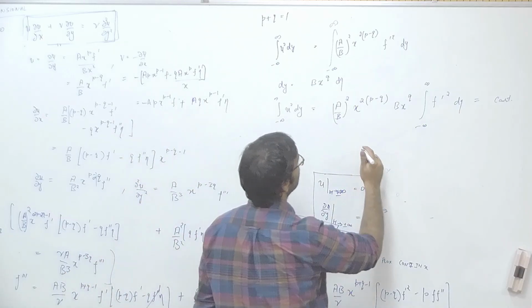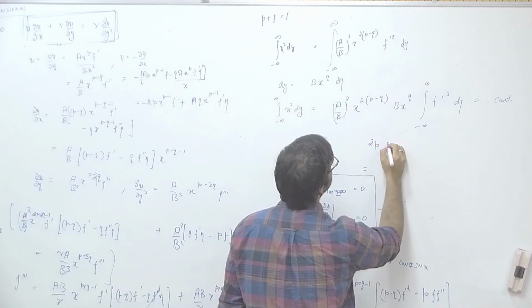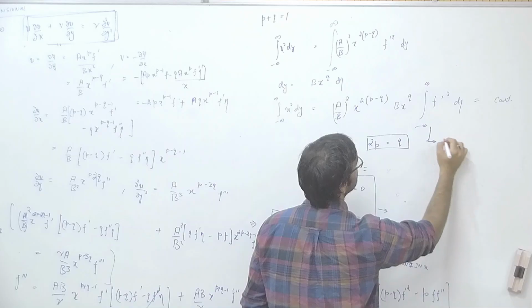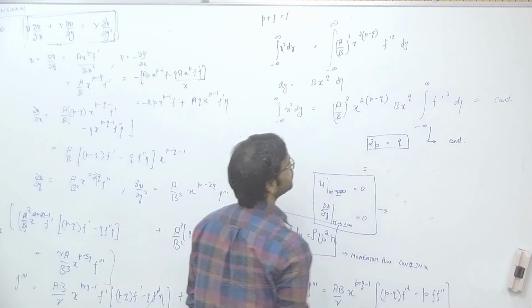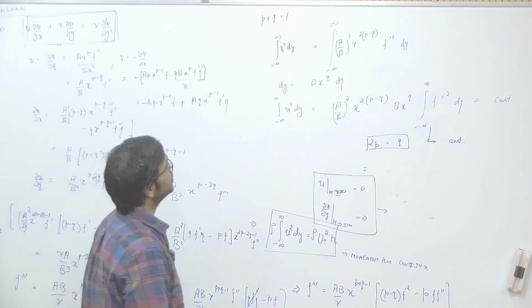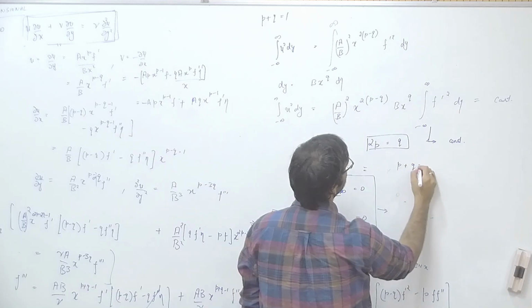So this is a constant only when 2p equals q. Okay, 2p minus q equals basically 0. So 2p equals q, only then you have this as constant, and then we have p plus q equals 1.